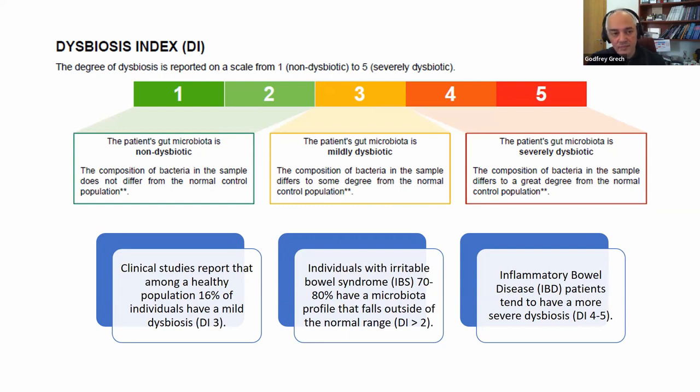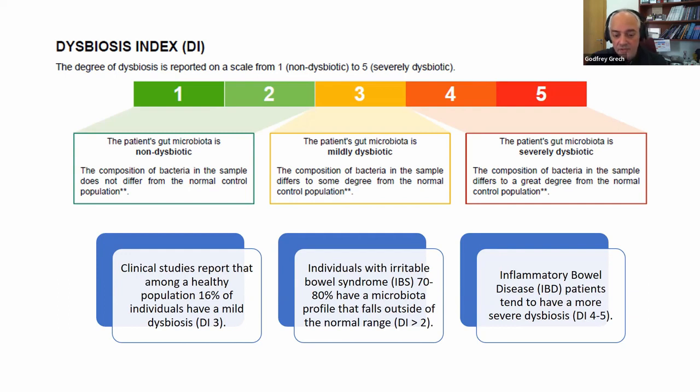Now, if we take clinical studies within even healthy populations, we will find that 16% of individuals actually have a mild dysbiosis, and this is fully restored through specific prebiotics and programs and diet plans.